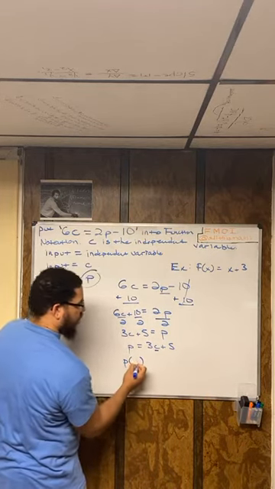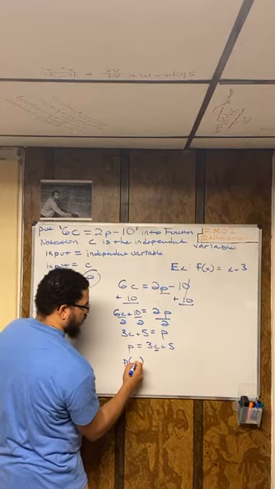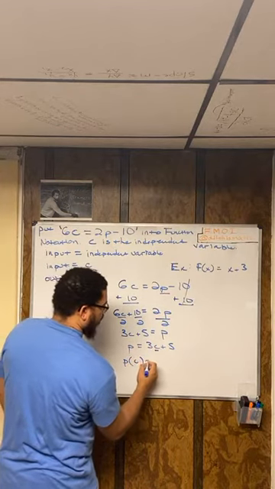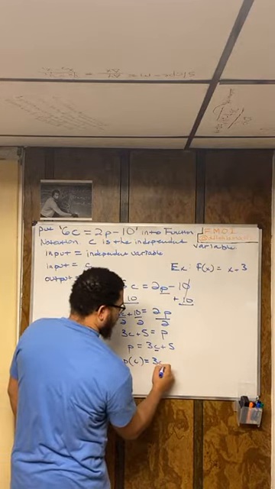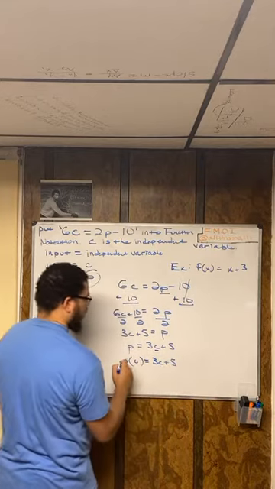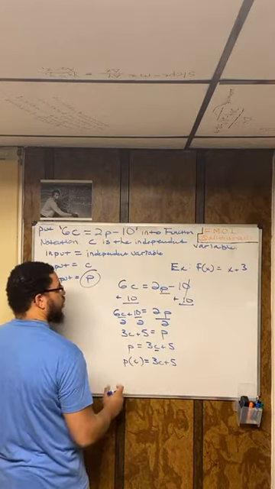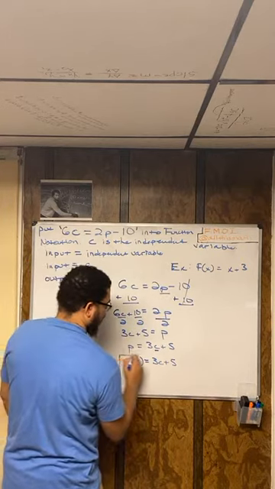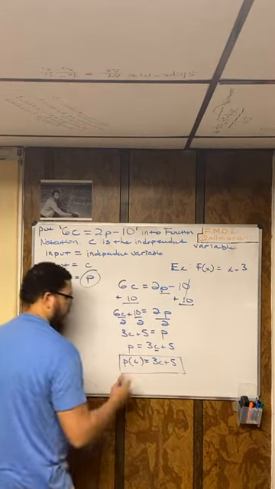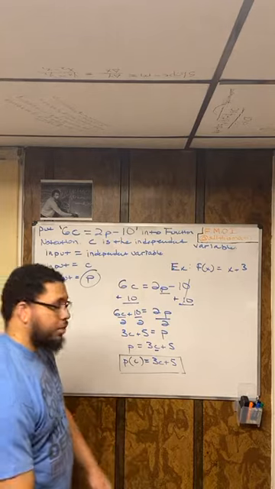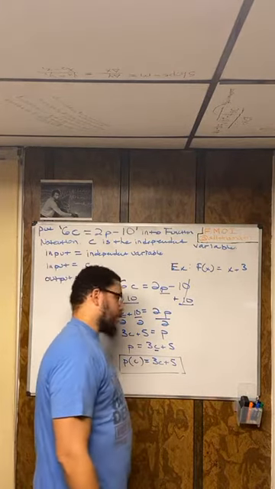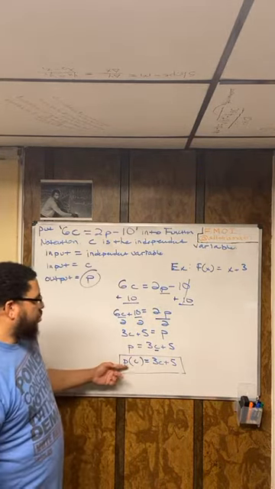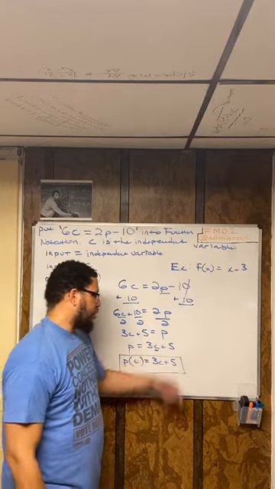And then the independent variable goes inside the parentheses. So that's P of C is equal to 3C plus 5. And this is function notation. So we've taken this original equation and we put it in function notation. And that, ladies and gentlemen, is the answer. The function p of c is equal to 3c plus 5.